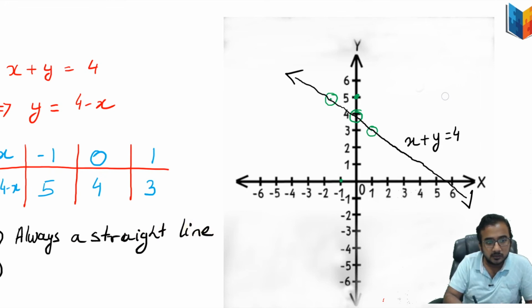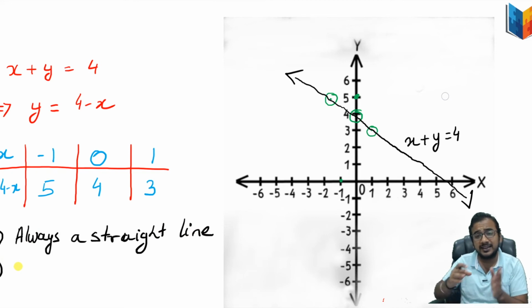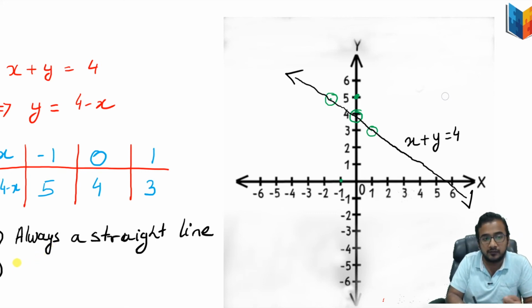Second point, which is very important: whatever line you are seeing, my line is not that accurate, but if you draw with a scale, you will get an accurate line. Whatever points you get on the line which we have drawn are the answer.